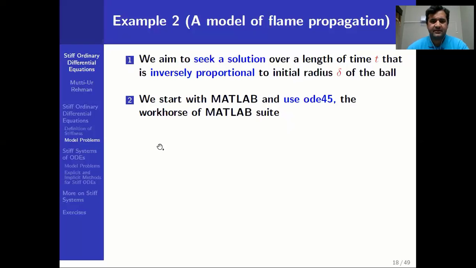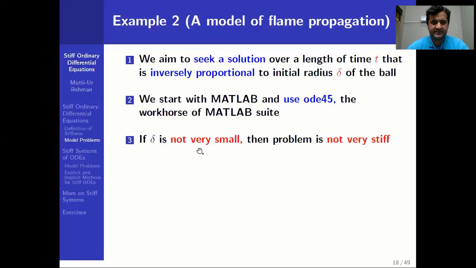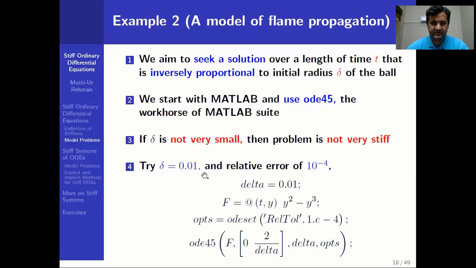If you use the non-stiff ODE solver, which is ODE45, and of course you can use something else, but let's say we use this, and if I choose delta not very small, then the problem is not very stiff, because stiffness depends on this delta as well. For instance, let's say I choose the initial radius of the ball as 0.01, and a relative error of 10 to the minus 4.